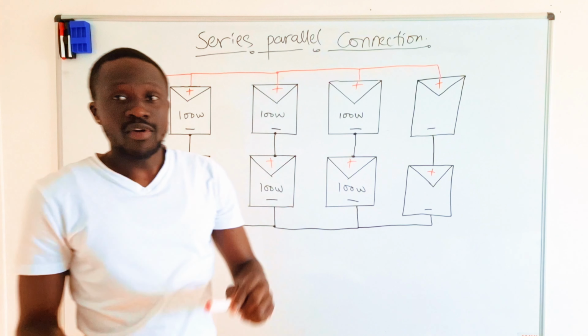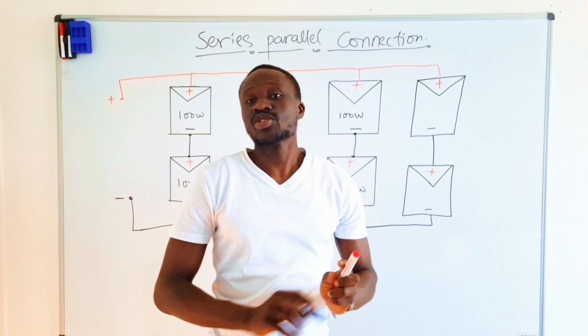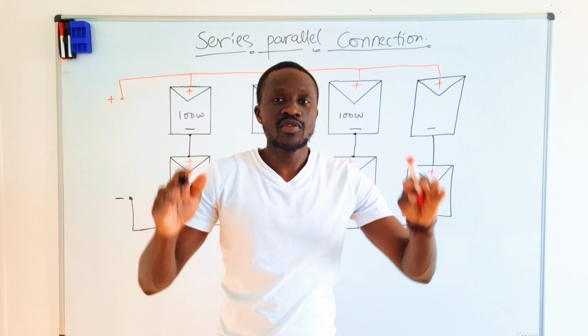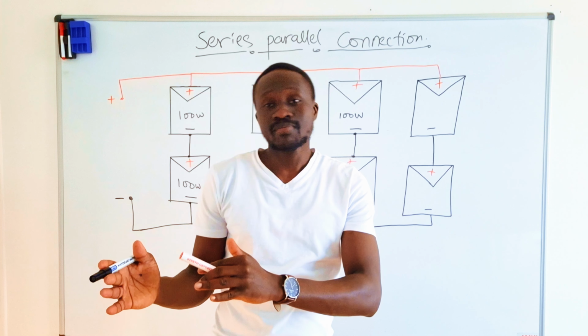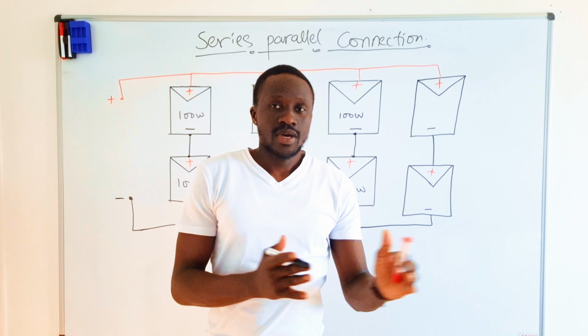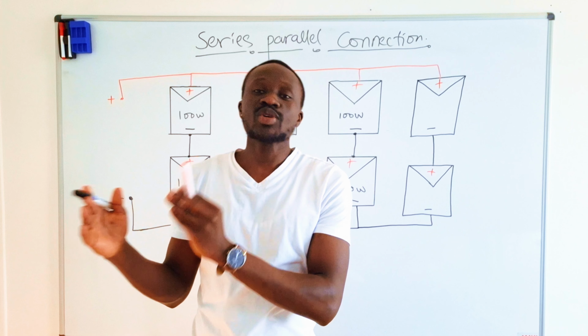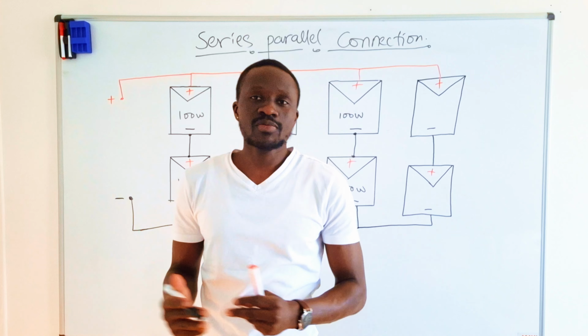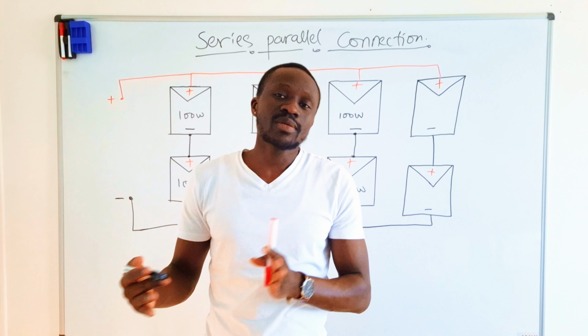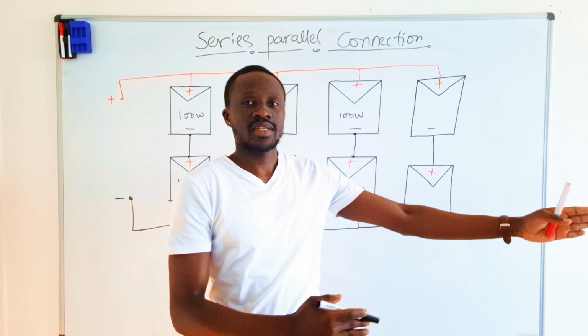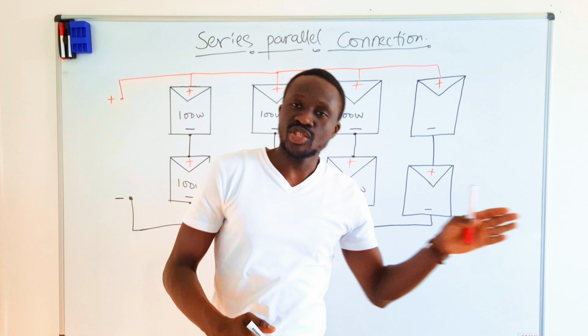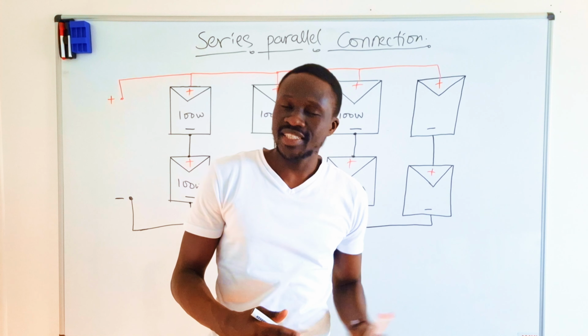Because voltages will move from high points to low points. Meaning, if you get a 10 volt panel and a 100 volt panel, or a 24 or 20 volt panel, this 20 volt panel will push its voltages into a small panel and it will affect it.